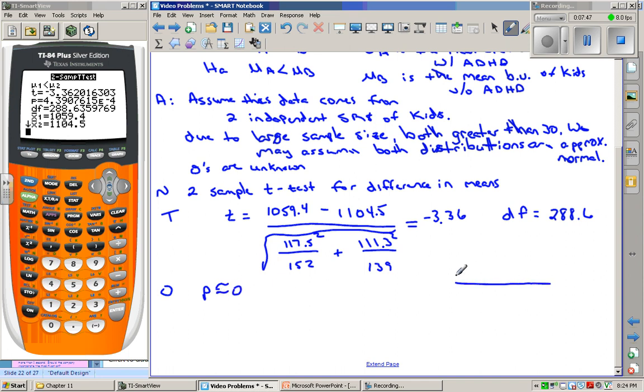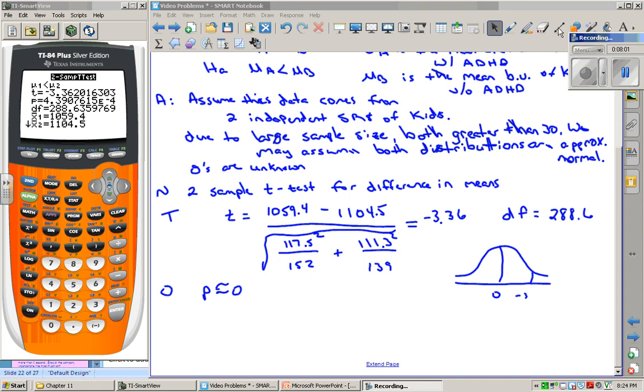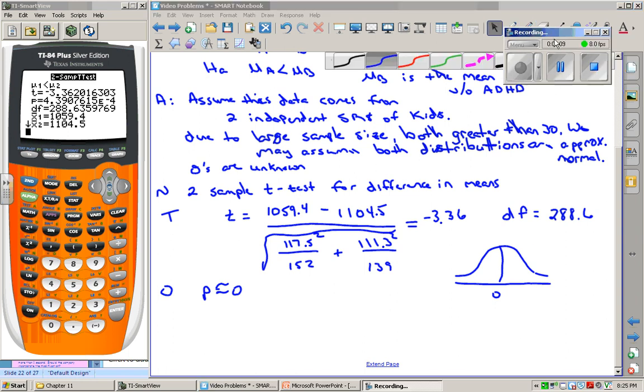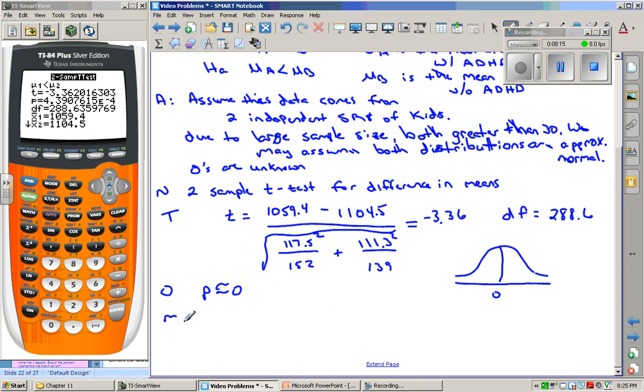So then our picture has a mean of 0, and our t-statistic is way out here. If you draw the picture, you got nothing. There's no shading, because the p-value is so small. So then, based on our small p-value, make a decision. We're going to reject.